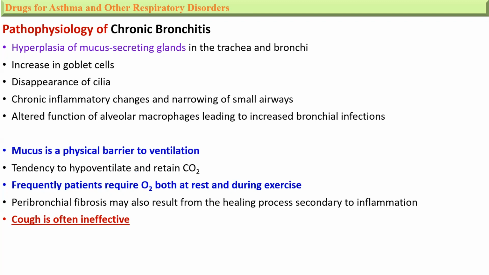So there are increased, excessive, thick mucus secretions from the inflammation. Frequently the airways are colonized with microorganisms because there is an excessive amount of mucus, which may occlude small bronchioles.